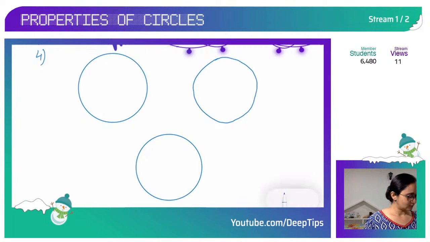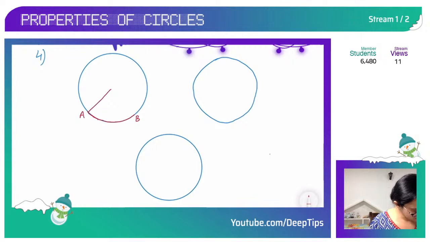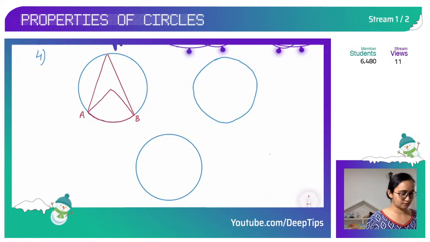So don't blink your eyes, just look at my screen very carefully. First of all children, you have learnt about minor arc and major arc. If I highlight a small minor arc here, which is AB, this minor arc is subtending one angle at the center and one on the circumference.